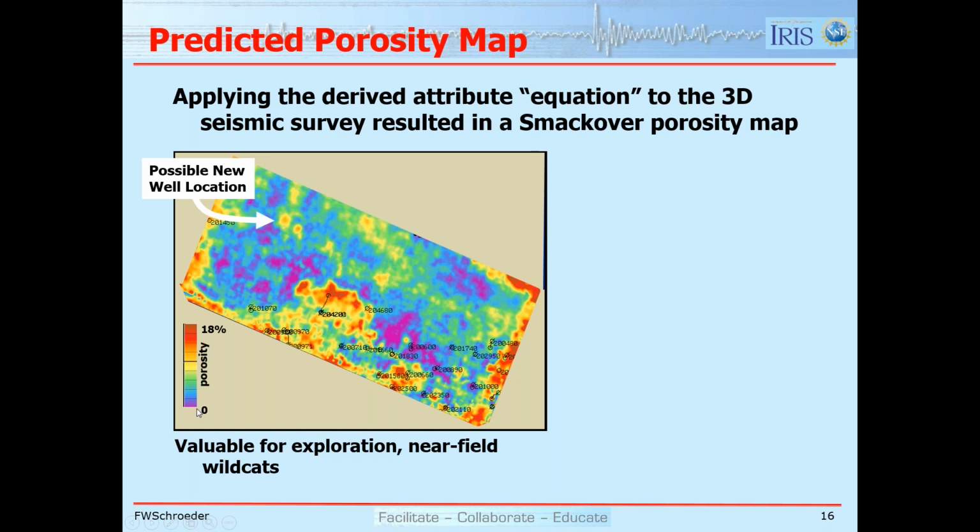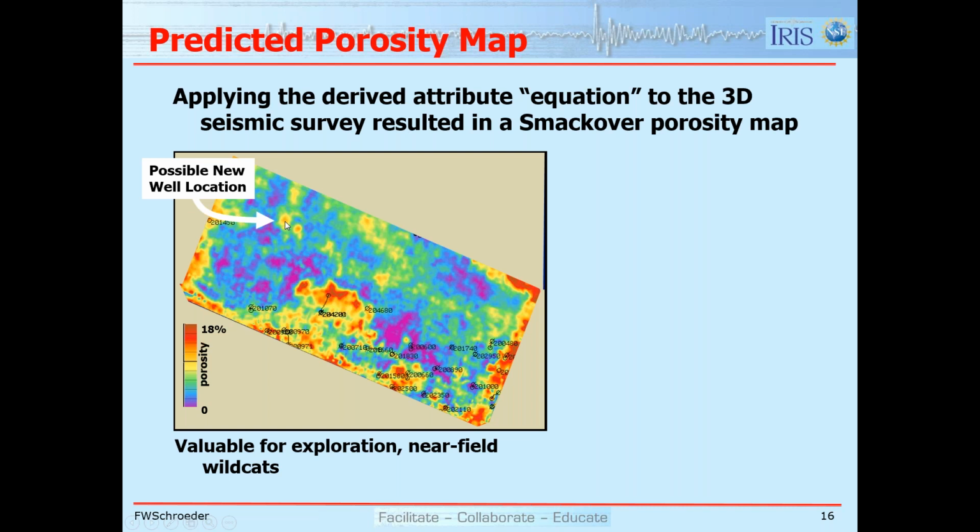So instead of seismic attributes, now I have an equation that is predicting porosity. I have values for where the wells are shown, and all the places where there are no wells, this is what the seismic attributes would suggest. So there is production in the south and southeast. There's no production up here, but in this case, it looks like we might be at about 12% porosity.